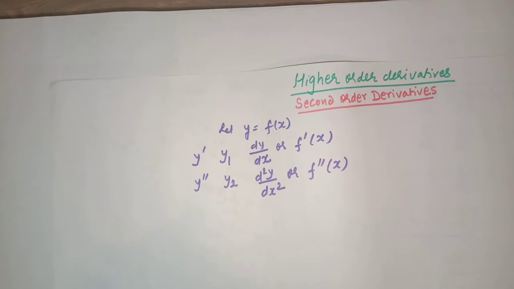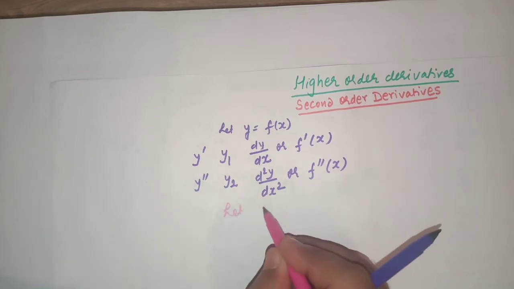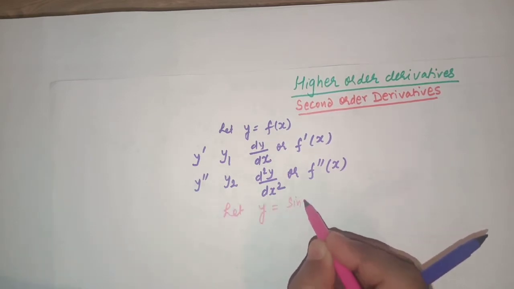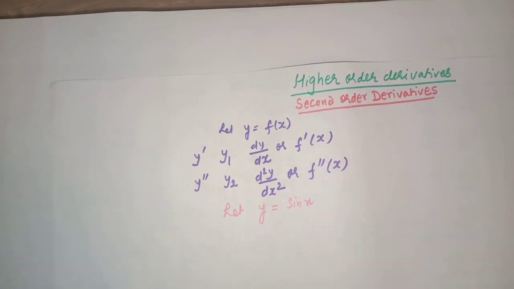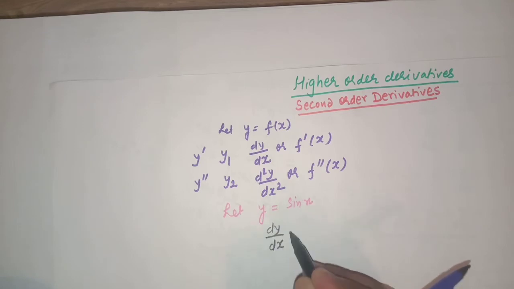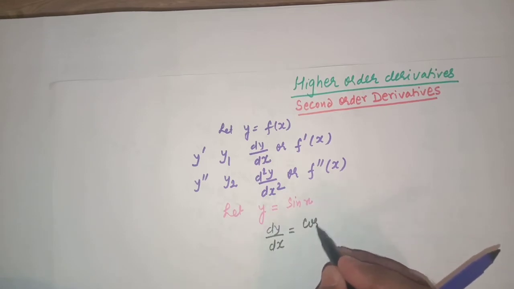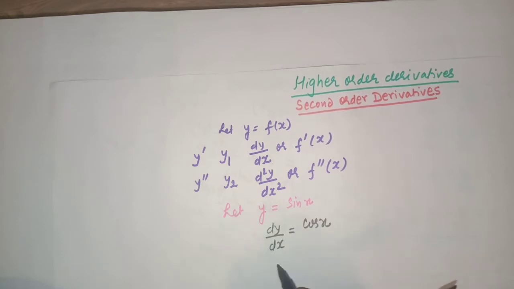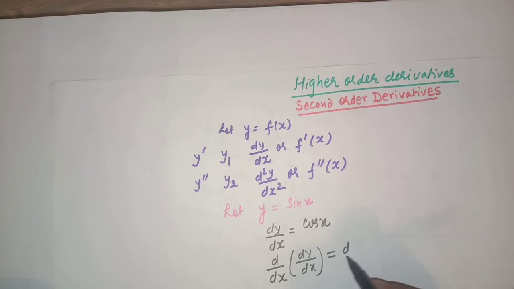Let y equal to say sin x. Then the first derivative, that is dy over dx, can be written as cos x. Clear? If we differentiate both sides with respect to x, we get d over dx of dy by dx, that is d over dx of cos x.